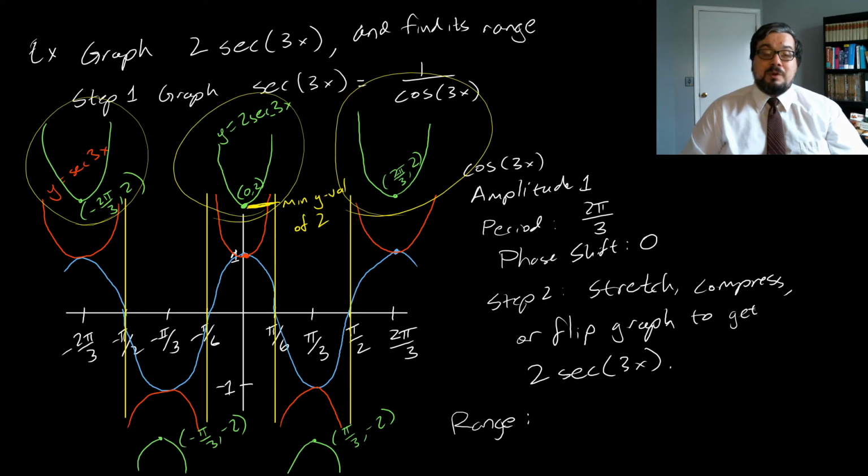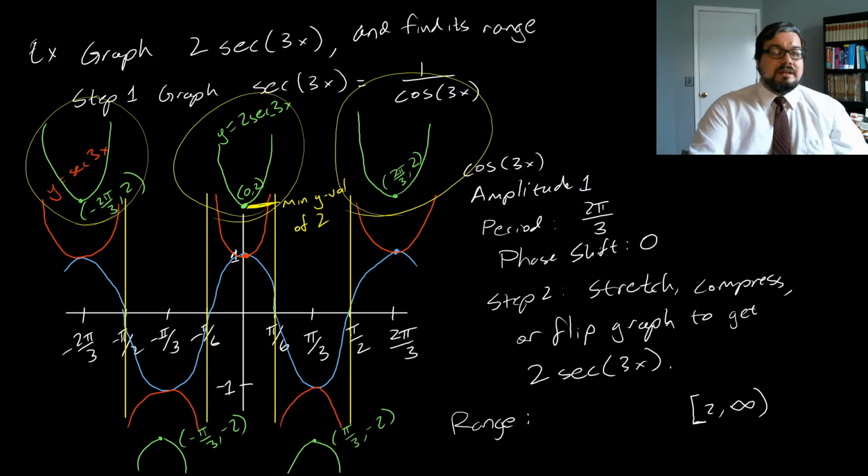That's the lowest point that this green horseshoe reaches vertically. And then it includes all the numbers greater than it. So part of the range of this function is going to be the set of all numbers from 2 to infinity, including 2, because 2 is in the range of this function.